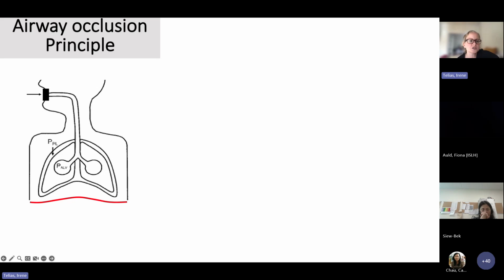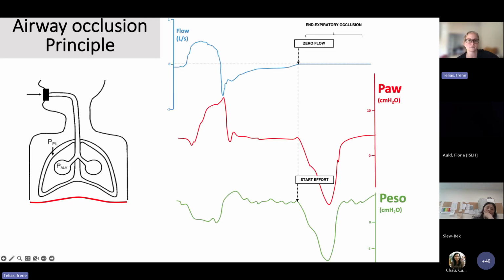Thinking of it as a bag, any change in pressure in one compartment will directly transmit to the other compartment. So if we contract the muscles and the pleural pressure decreases, the decrease should be equal in the alveolar space and the airways, if the airways are closed.